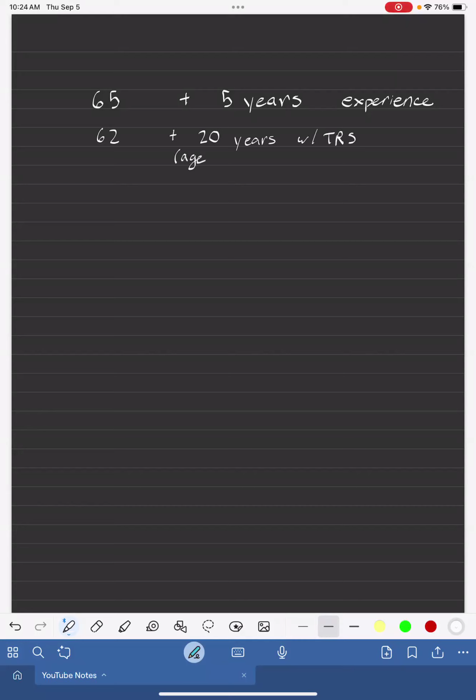Basically, your age plus years has to equal or exceed 80. So those are the two different ways that you can retire with the state of Texas.